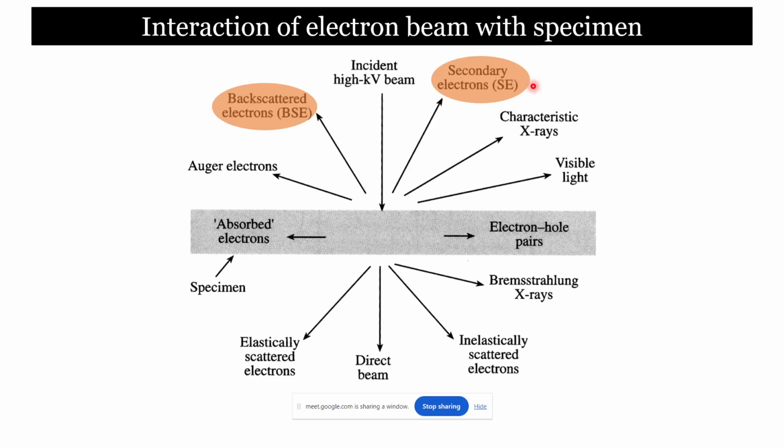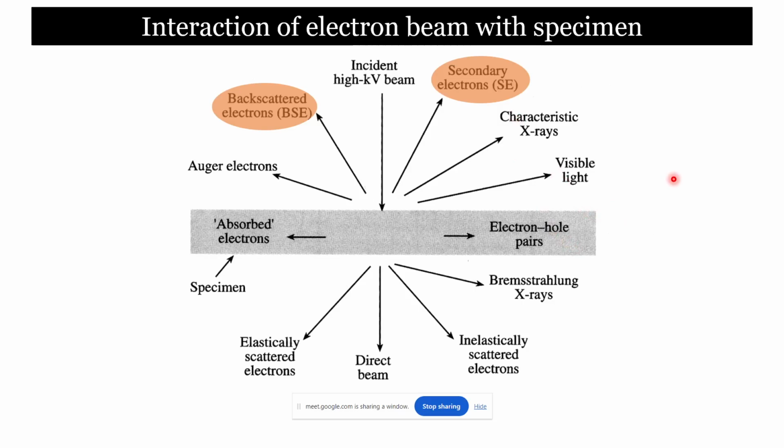So backscattered electrons are used when you need the Z contrast, that is, atomic number contrast. These are the best electrons for imaging this way. The secondary electrons are used when there is a rough specimen and you need to find the topography of the specimen.